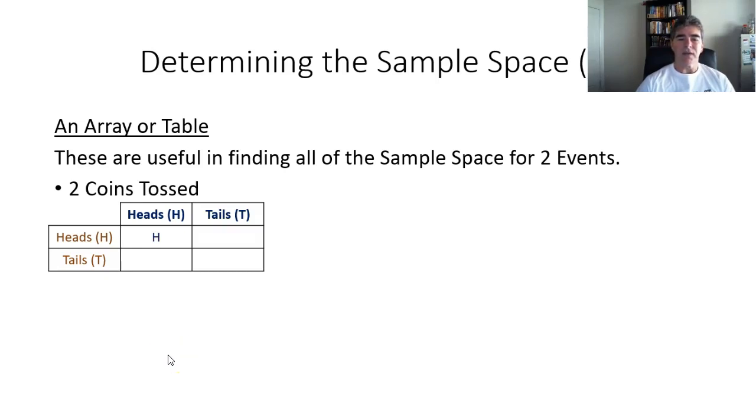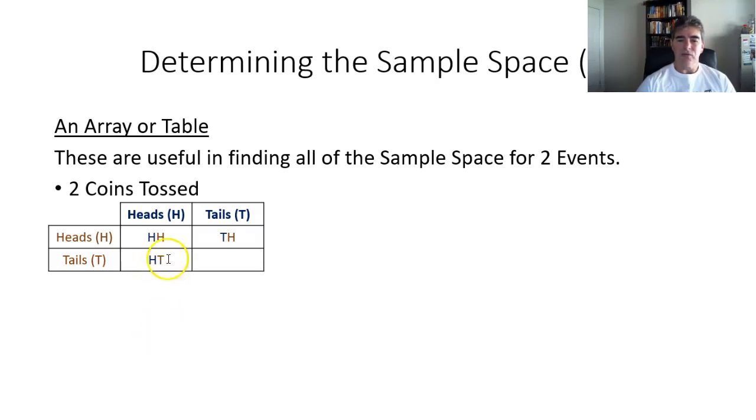The first coin could land on heads, and then the second coin can also land on heads, giving us a double heads. We could also have the first coin landing on heads and then the second coin landing on tails. So at this point we have double heads or heads tails occurring. But the first coin could have also landed on tails first, and then the second coin could have landed on heads.